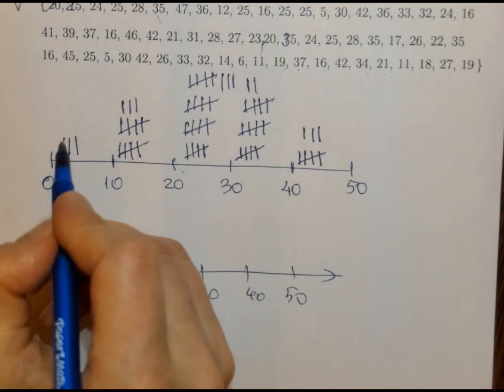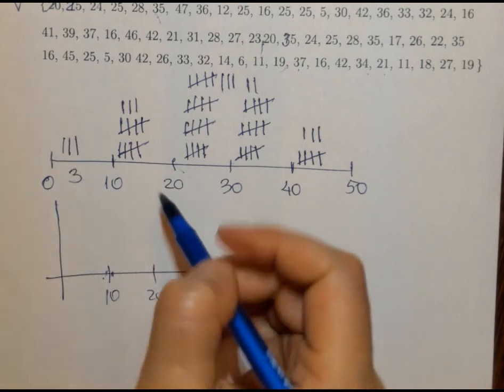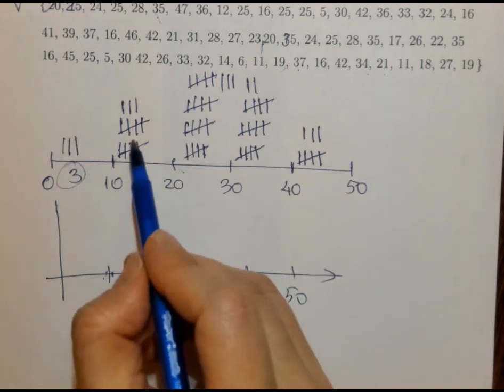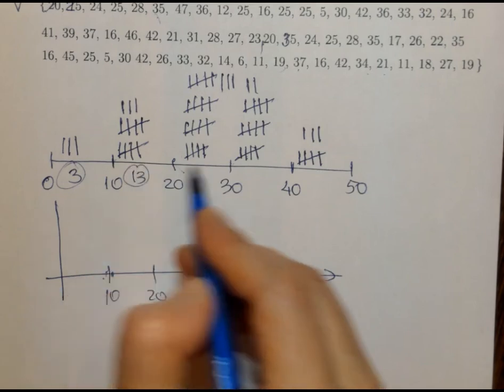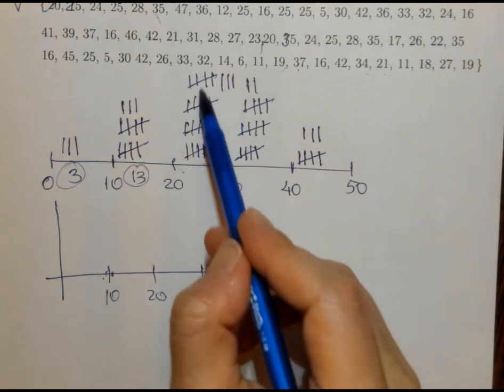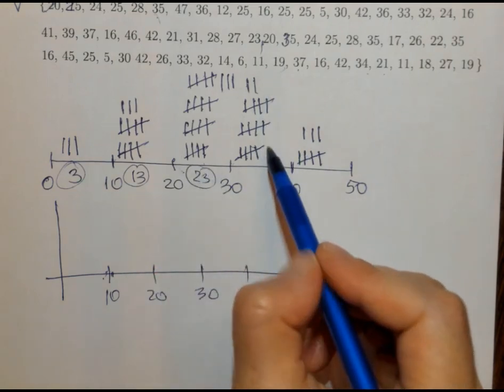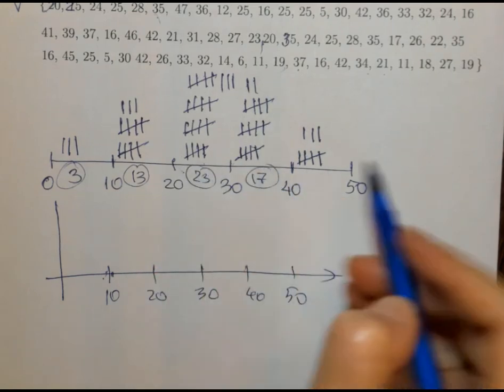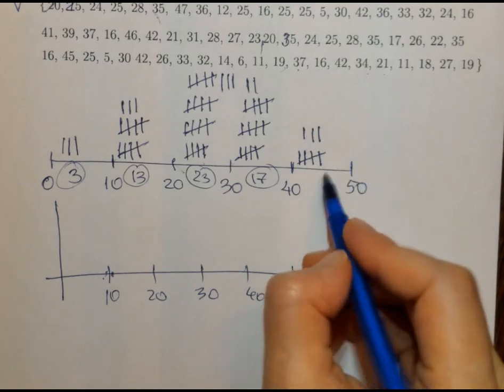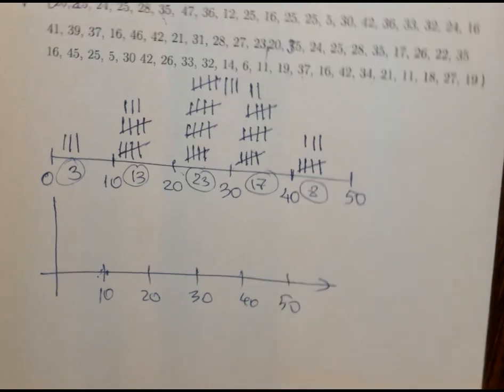In the first class we have 3, in the second 13, in the third class 23, in the fourth class 17, and in the last class we have 8.